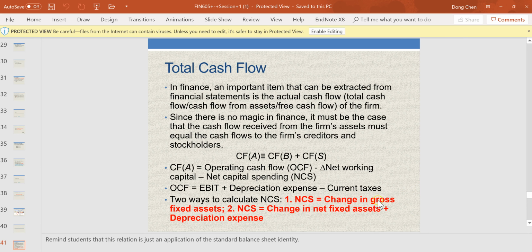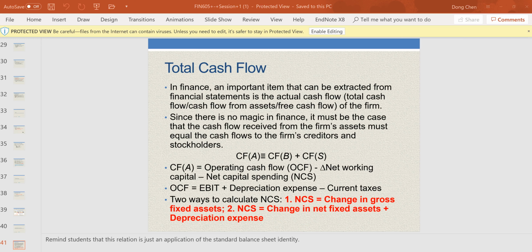First one is the change in gross fixed assets, and second way is the change in net fixed assets. Net means that it's gross fixed assets minus the accumulated depreciation. And then we need to add back the depreciation expense. This depreciation is the depreciation over the year, right? It's not the accumulated depreciation. So that means this number should come from the income statement.